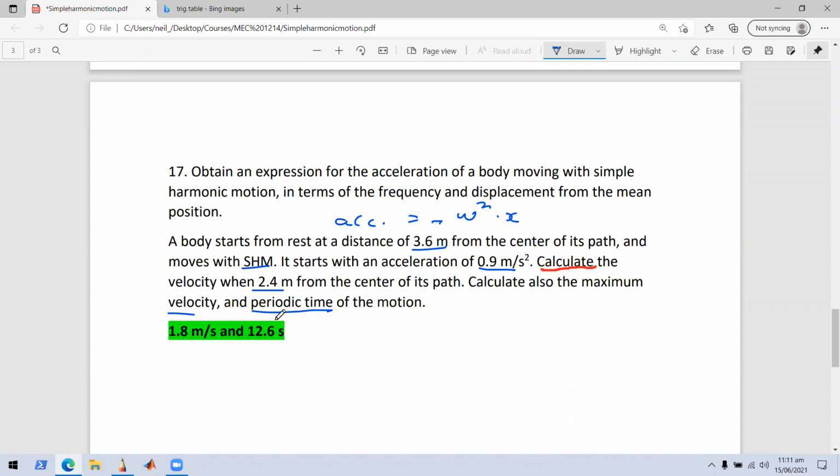Oh, I forgot to put in another value here. Is it 12.6 seconds? Yeah, 12.6 seconds. That's the periodic time.